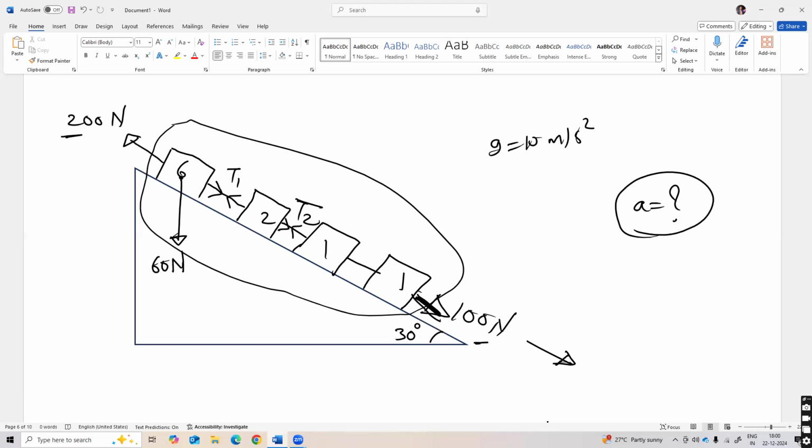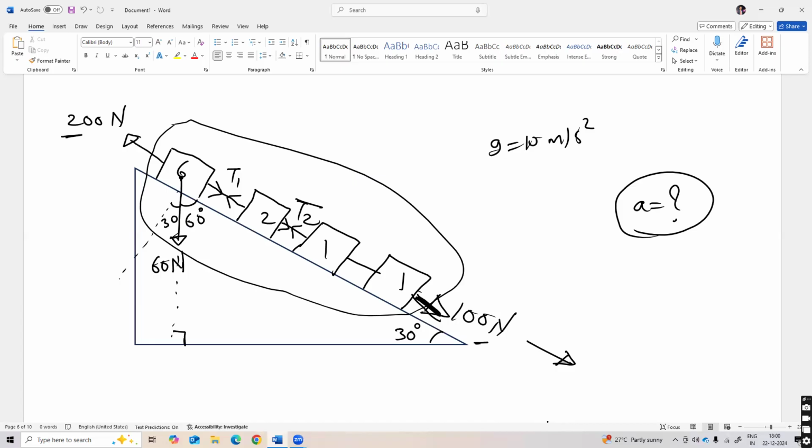If we draw this triangle, and this is 30 degrees, this angle will become 90, so this angle will become 60 degrees. And again if we draw a perpendicular to this wedge, then this angle will become 30 degrees.